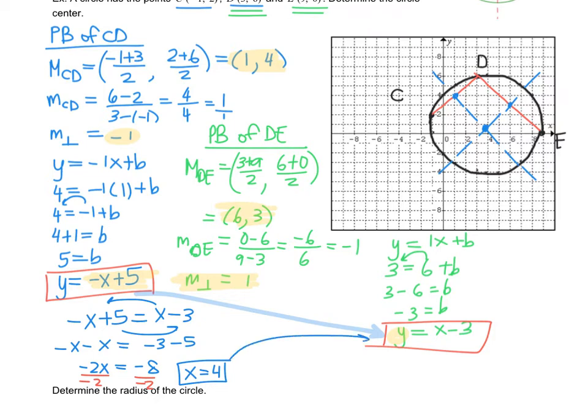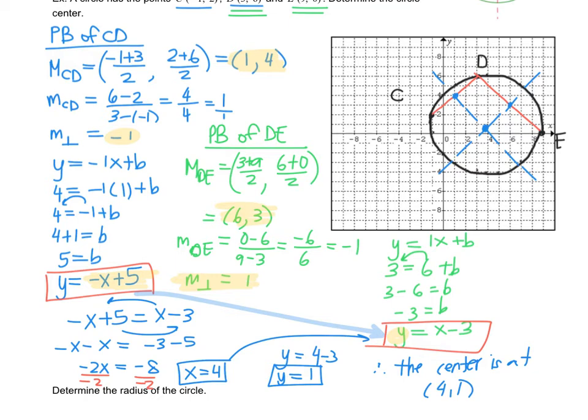I'm just going to plug it into my second one. So 4 minus 3. So the y coordinate is 1. And if we look at our sketch, it was rough, but that does kind of appear to be possible, that 4, 1. So therefore, the center is at 4, 1 for this circle.